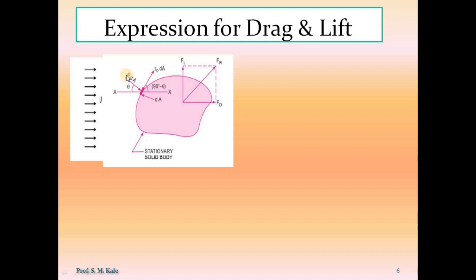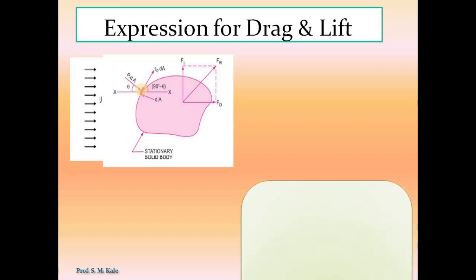Assume P is the pressure intensity acting on the elementary area dA, and tau 0 is the shear stress acting on the elementary area dA. The forces acting on this small elementary area are, first, the pressure force, P into dA, which is perpendicular to the plane of that elementary area. And second, the shear force, whose value is tau 0 into dA, which is tangential to that small elementary area dA.